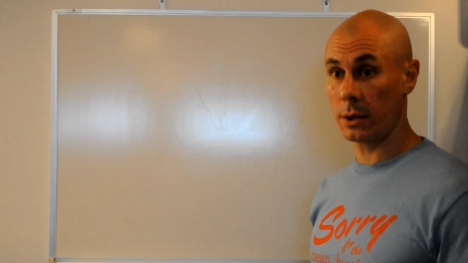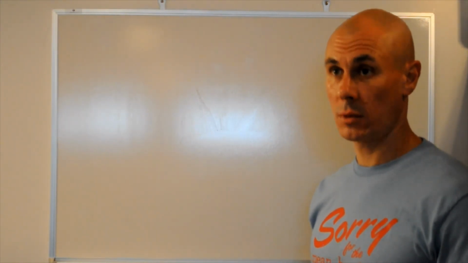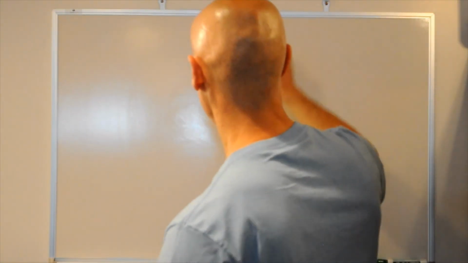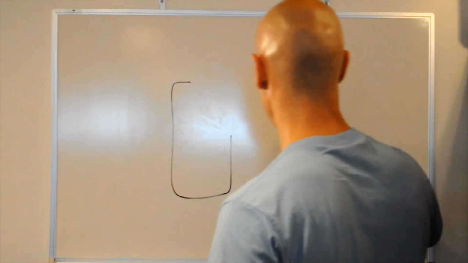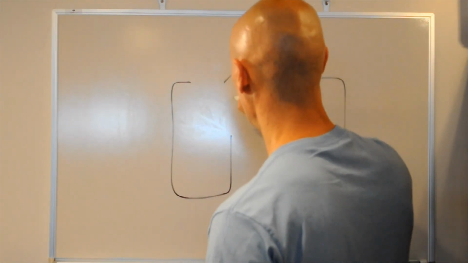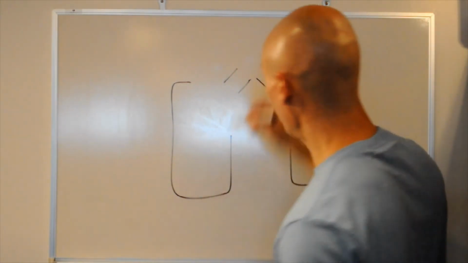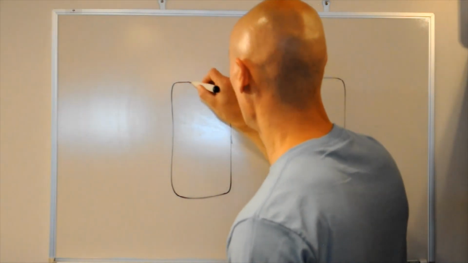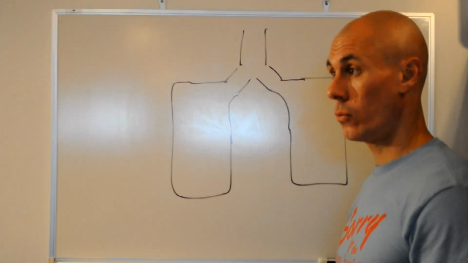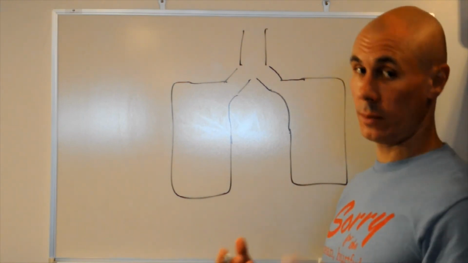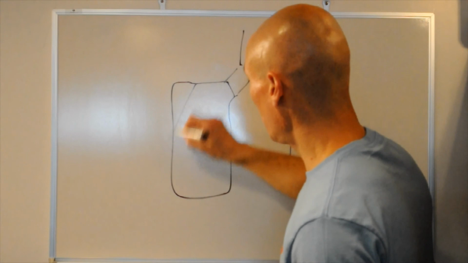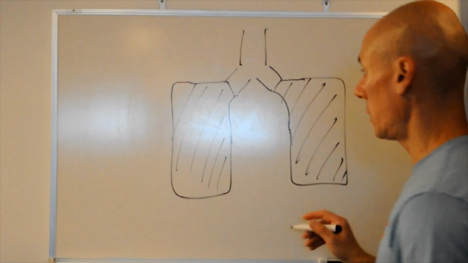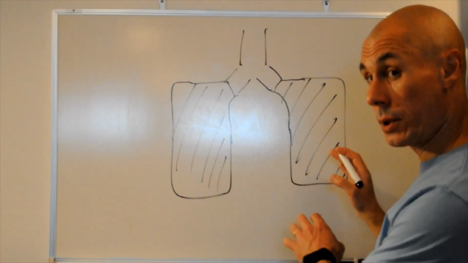Next item on our agenda is the concept of dead space. So here you have two lungs, primary bronchi, trachea. Essentially, the volume of air that's available for the gas exchange is the volume contained inside of your respiratory zone.